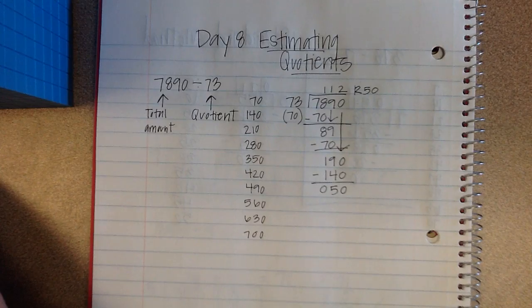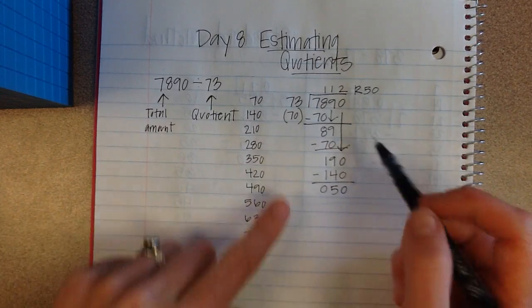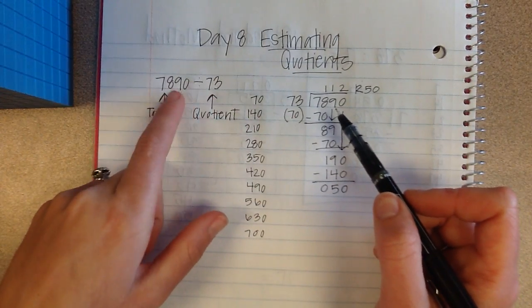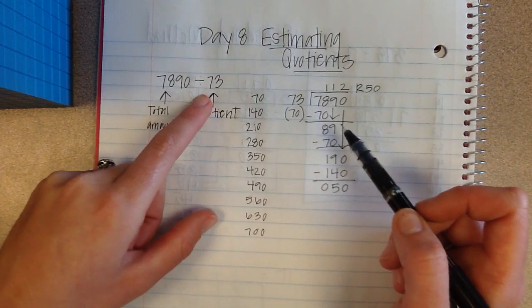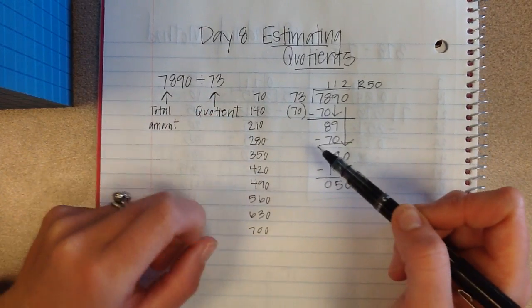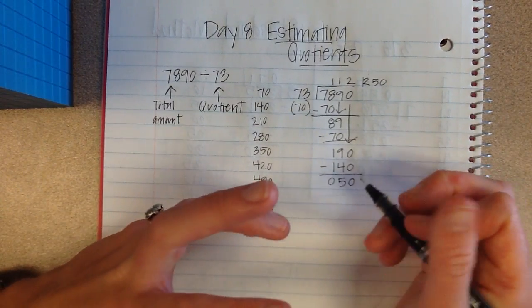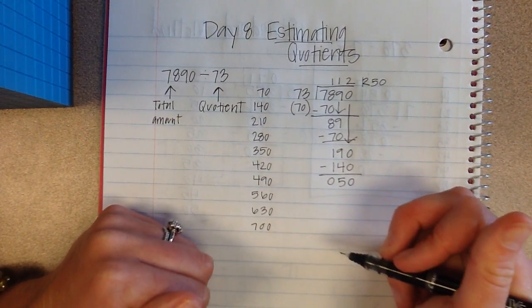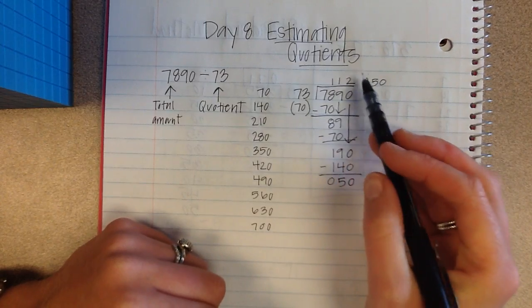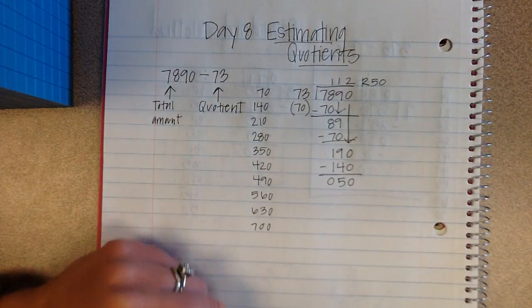So I know my estimated answer is around 112. So if I find an answer that says, oh, it's 5, no, I've done something wrong because it's not near 112. 112 is my estimated answer.